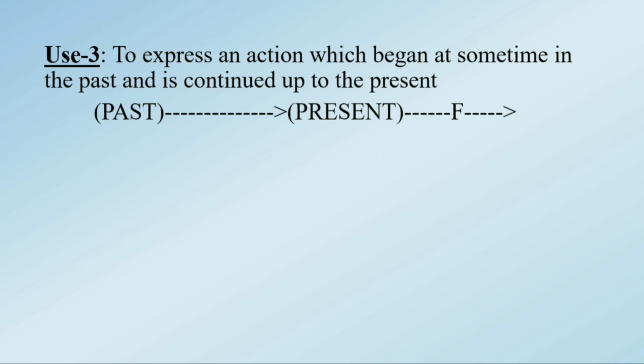Whether that action will be continued or not in the future, we are not sure of it. So the action has almost come to an end by this time. So in this context, we have to use this present perfect.